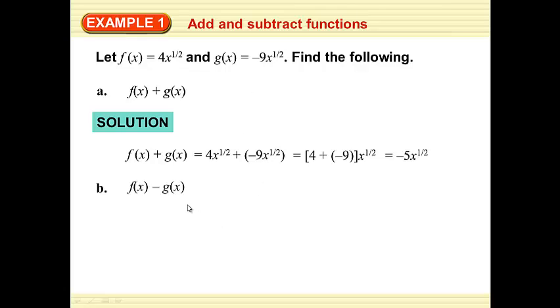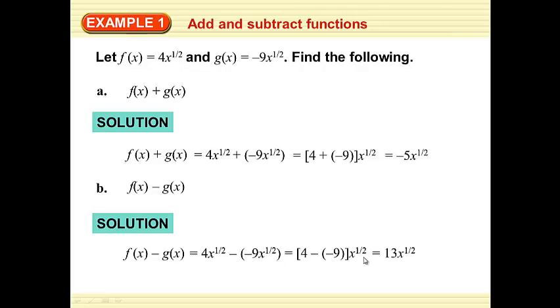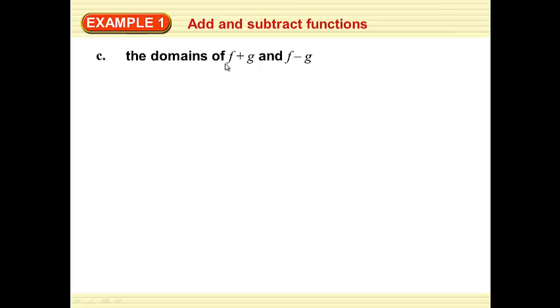Okay, if I wanted to subtract those functions, same thing. Well, I'm subtracting. So you got 4x to the 1/2 minus negative 9x to the 1/2. We're going to get positive 13x to the 1/2 because that's going to become a plus there. Okay, the domains of f plus g and f minus g are the domains of the individual functions themselves.